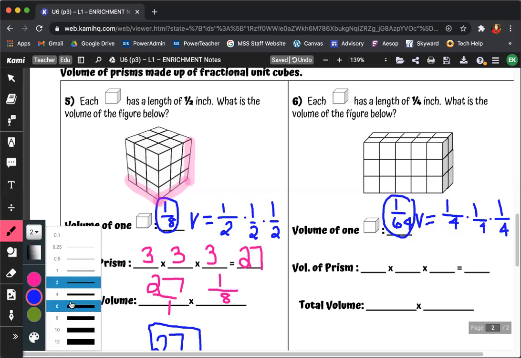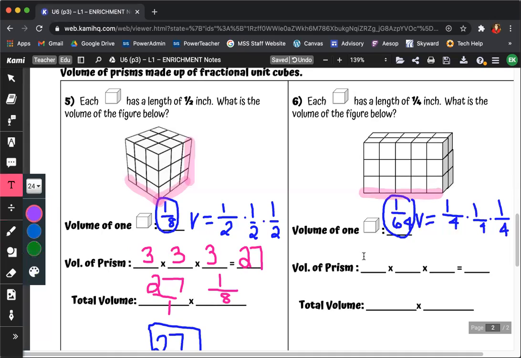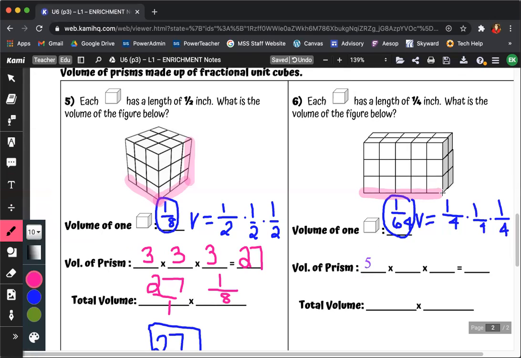Now we are looking at the bigger volume that we're going to use to calculate the total. So we have our length, 1, 2, 3, 4, 5 squares there. We have our width of 1, 2 squares.